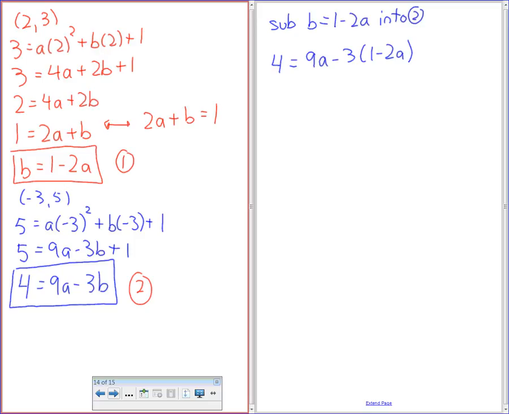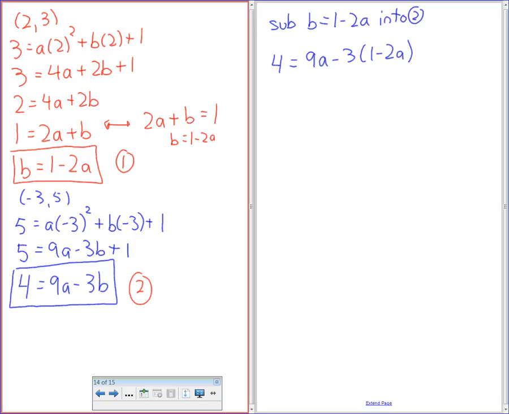So what I did first is I said, well, 1 equals 2a plus b is the same as 2a plus b equals 1. And then I just move the 2a across like that. Okay, so then b equals 1 minus 2a. So that's something I should be aware of, sorry.